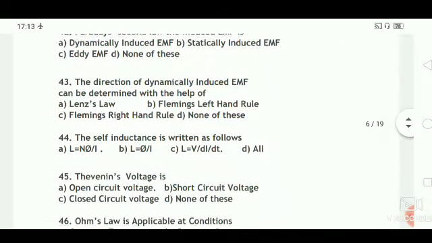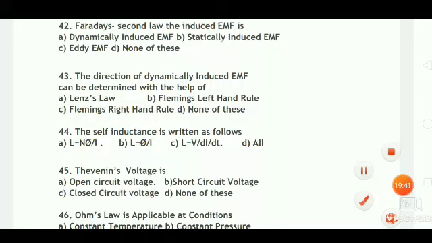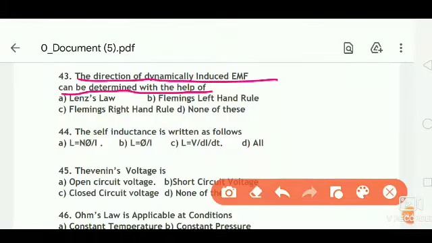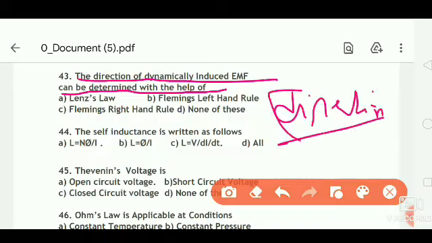So the next question is, the direction of dynamically induced EMF can be determined with the help of: option A, Lenz's law; Fleming's left hand rule; Fleming's right hand rule; or none of these.